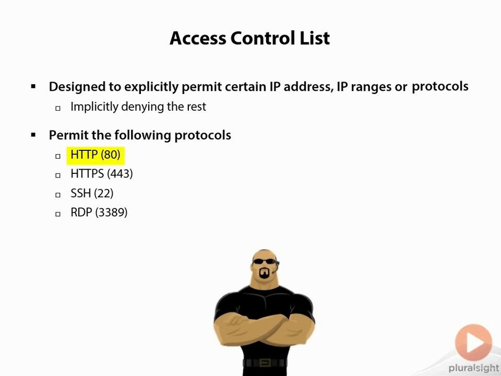HTTP, which is port 80. As we know, that's web traffic, hypertext transfer protocol. We may also want to allow hypertext transfer protocol secure, or HTTPS, over port 443. So when you go to Amazon.com to make your purchases, or your bank to do your financial transactions, or anything that needs a secure website, it's going over HTTPS, which is actually comprised of two additional protocols under the scenes, SSL and TLS, Secure Sockets Layer and Transport Layer Security.